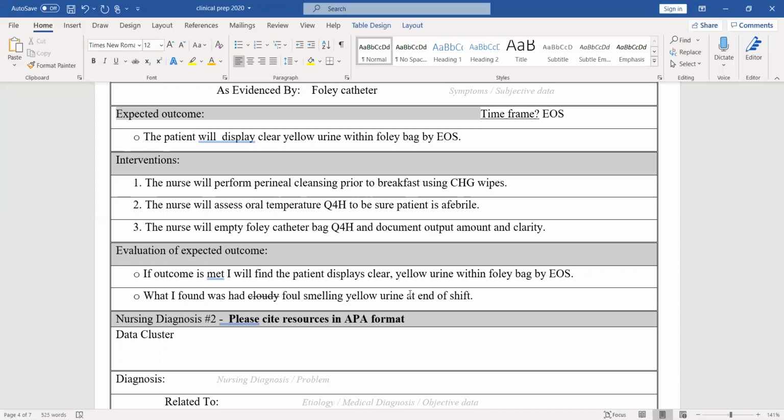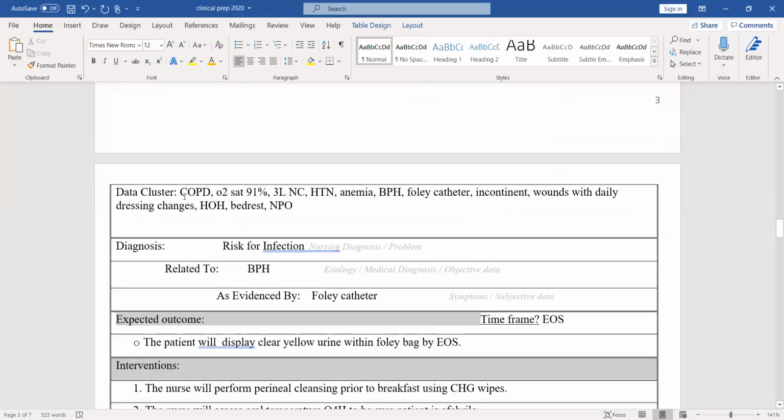Now, does that mean that your goal or your plan didn't work? Absolutely not. There are a lot of different components that could affect this to happen. So we are going to know that not every outcome or not every goal that you create for your patient is going to be successful, and that's okay, because that's all about the nursing process.